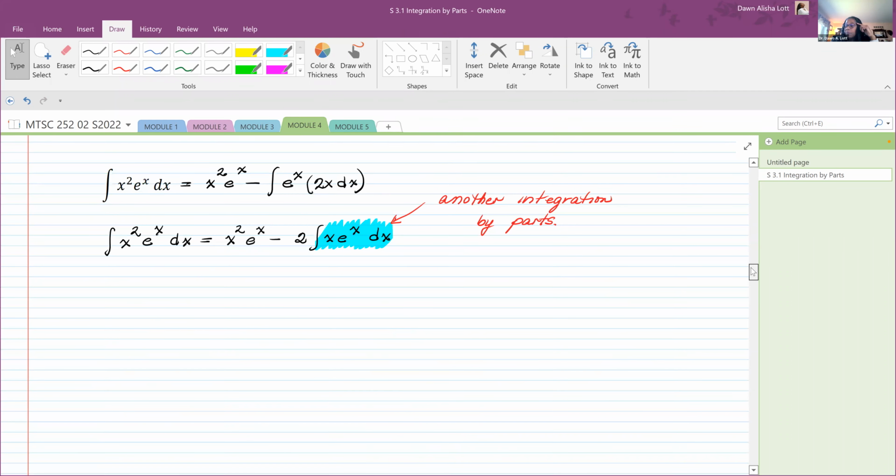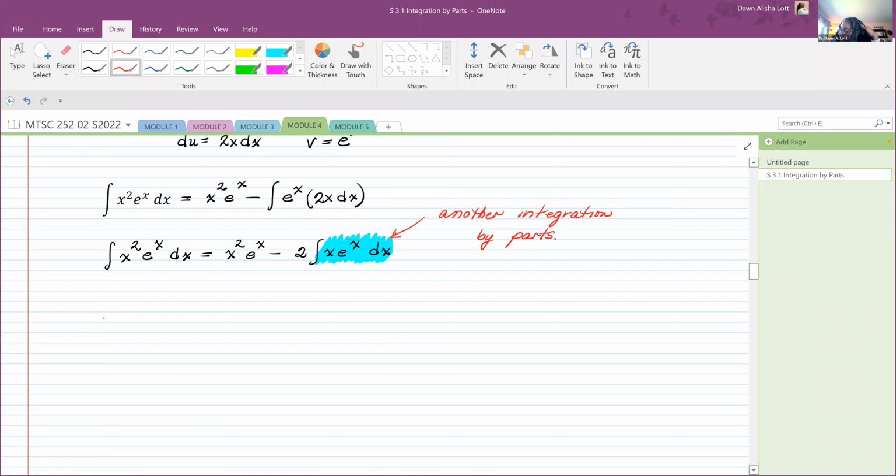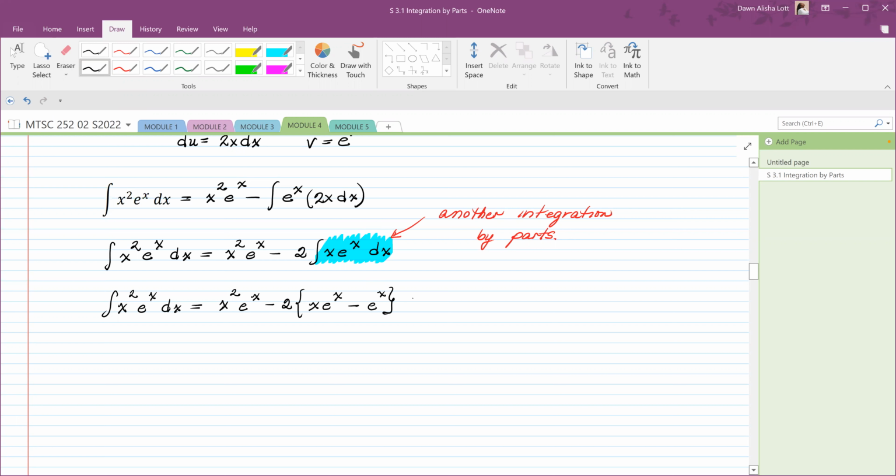So the integral of x squared e to the x dx is equal to x squared e to the x, minus 2 times x e to the x minus e to the x, plus c.